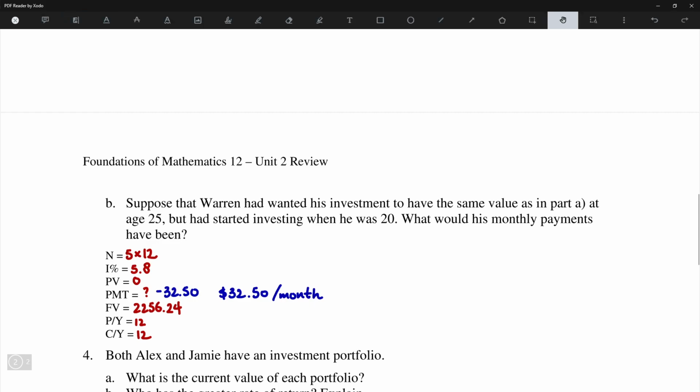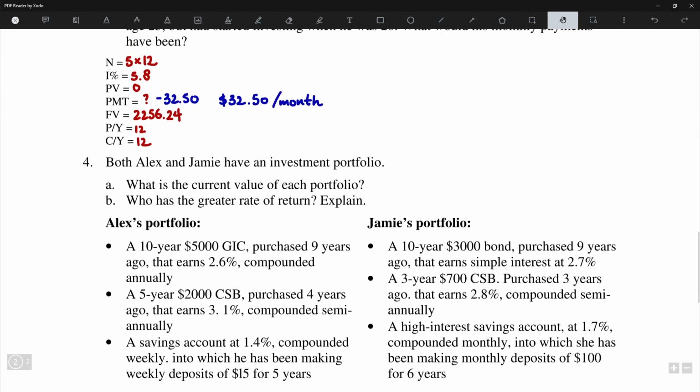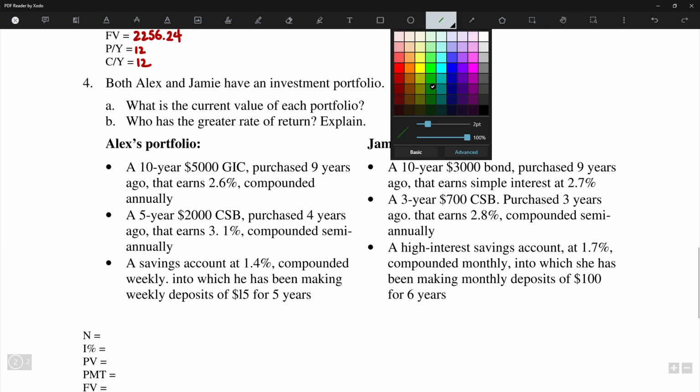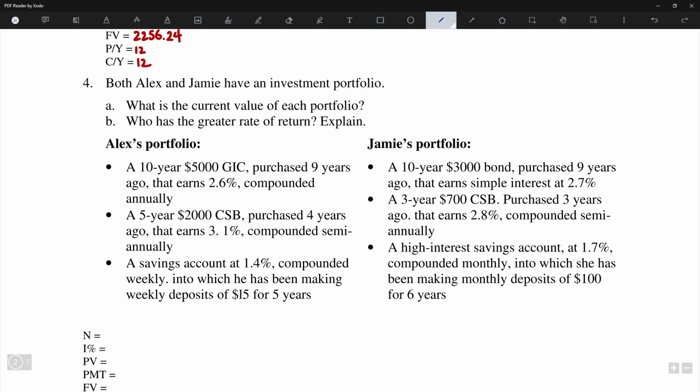Okay. Our last example is a portfolio question. So we're just going to be looking at the current value of Alex's portfolio in this case, and looking at the rate of return on that portfolio only, because both of the parts are very similar.